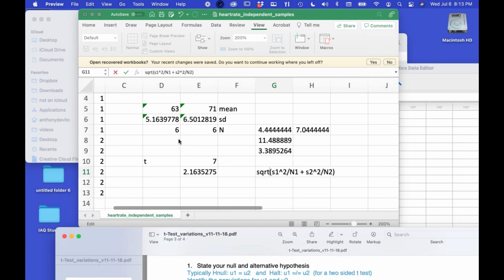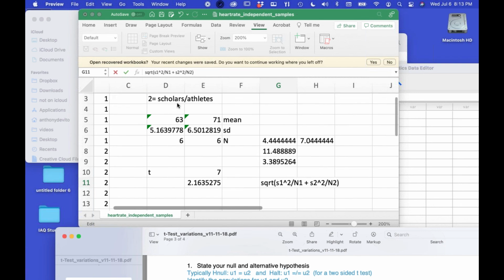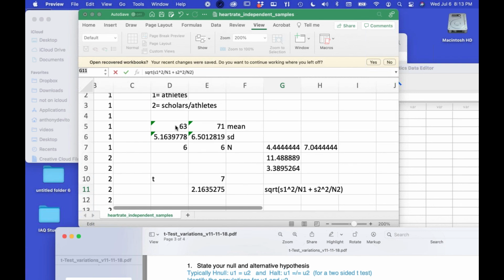If I had done it the other way around, it would have been a positive 2.16. As far as the null hypothesis is concerned and rejecting it, it doesn't make a hill of beans worth of difference. We're really just interested in how big that t calculated is, whether it's positive or negative, and whether it exceeds the critical value of t. Same p-value when you wind up doing it.